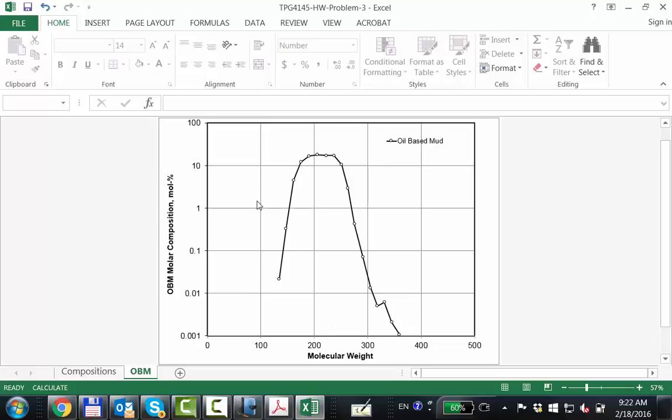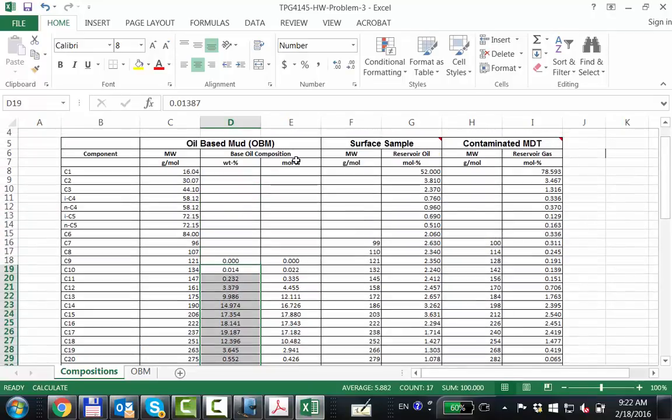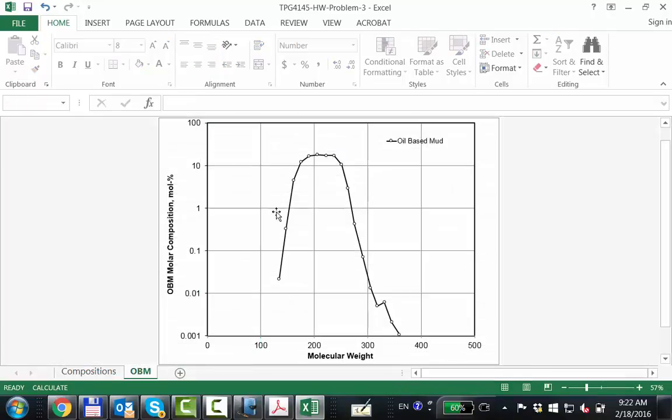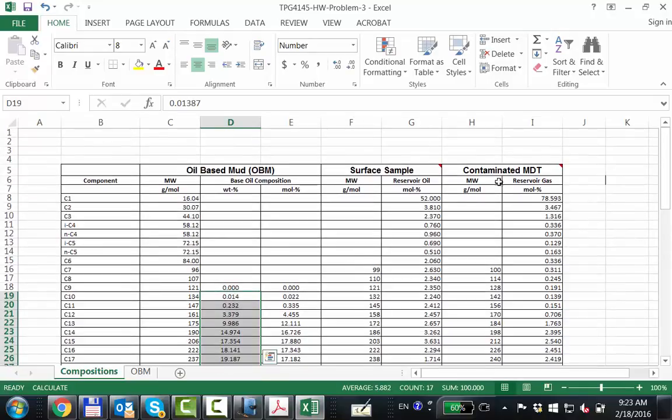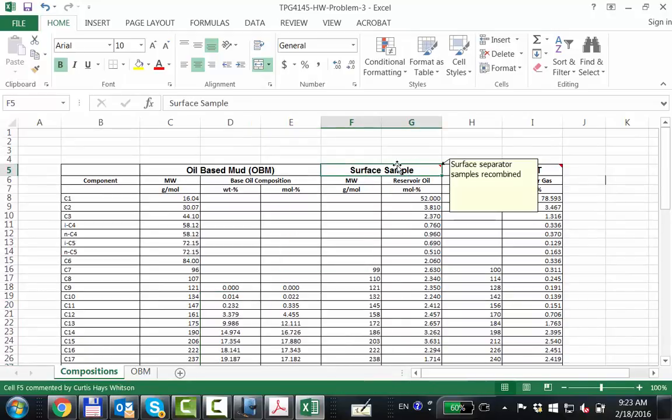Anyway, the amounts, this is in mole percent, so that's the first or the second column, I guess, here. Mole percent there. You can kind of see it looks like a hump. And then in this surface sample, this is actually the sample composition collected that's presented in this paper of the reservoir oil.